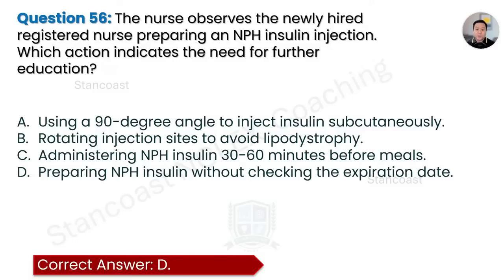It does not require further teaching because rotating sites is very important to prevent lipodystrophy. And letter C, it does not require further teaching because NPH insulin is an intermediate acting insulin and should be given before meals to match its onset of action.